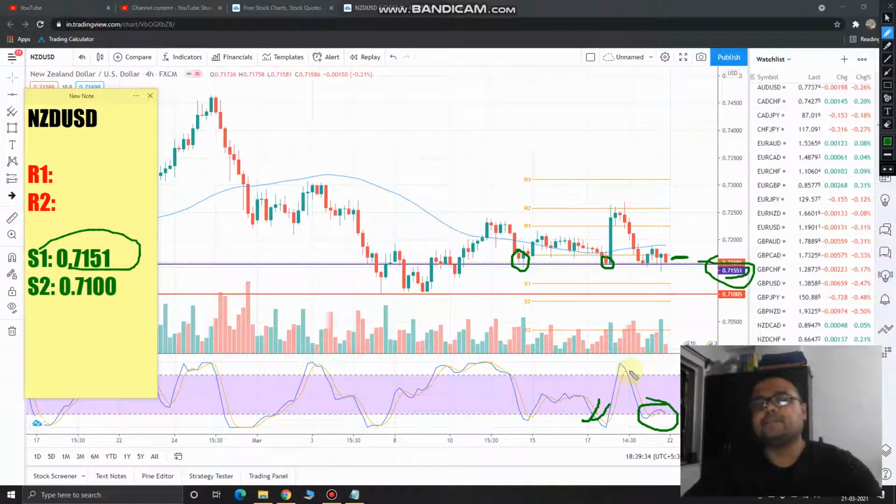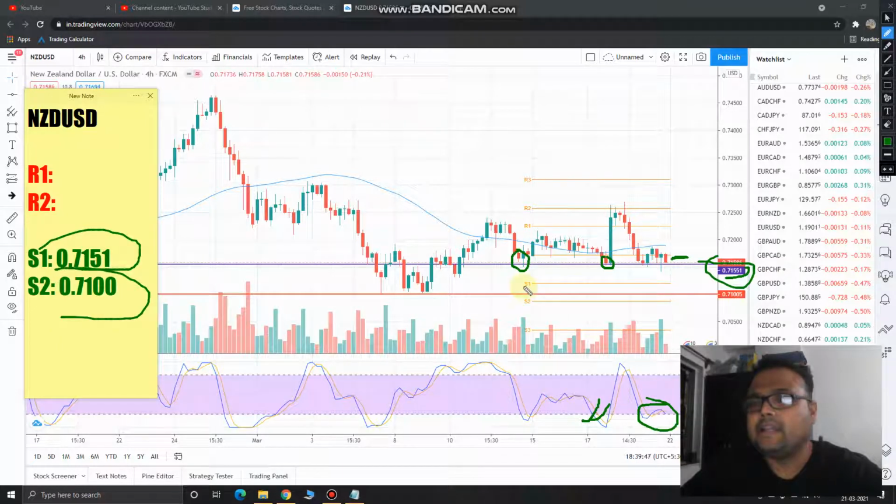If stochastic RSI also gives you the confirmation, then buy. And in case it crosses the level, then 0.7100 is a strong support for the market and it should provide the required support. And if you get the opportunity to buy above this level, then it's a good buy also. What should be your target?